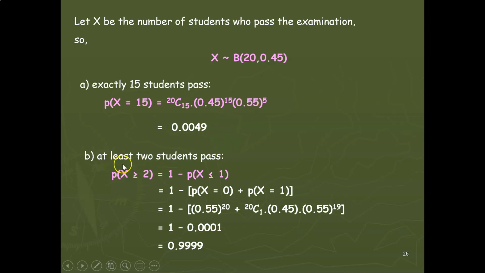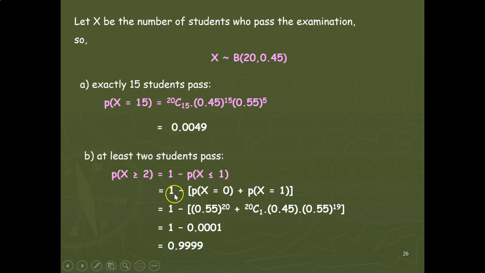And B, you need to find at least 2 students pass, which means probability of X greater than or equal to 2. Remember we don't have a greater than sign in our table, so you should rewrite it in less than sign form. So you have 1 minus probability X less than or equal to 1.